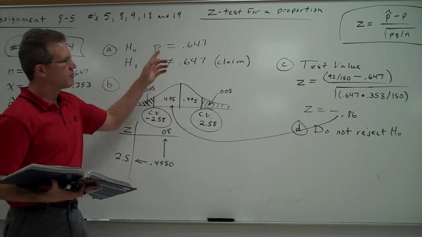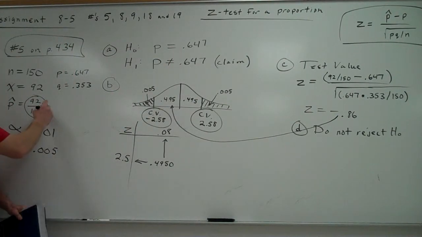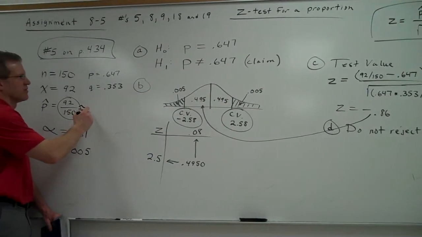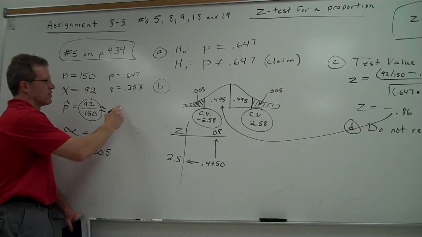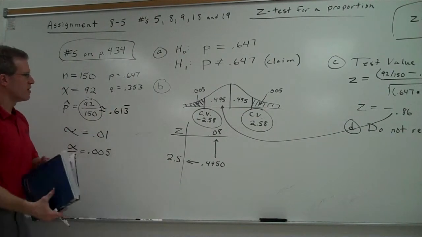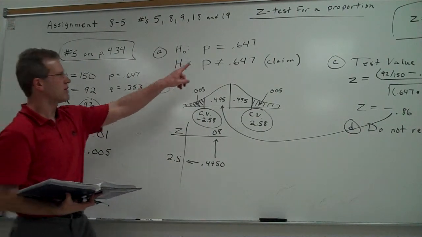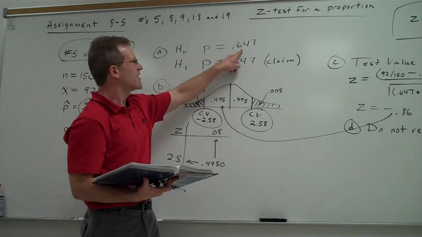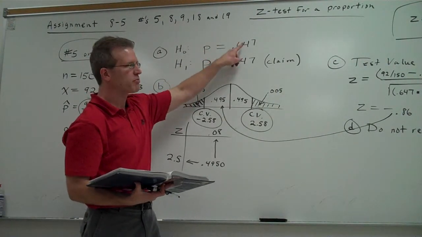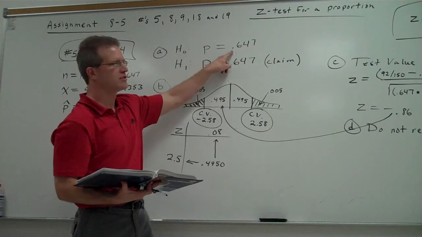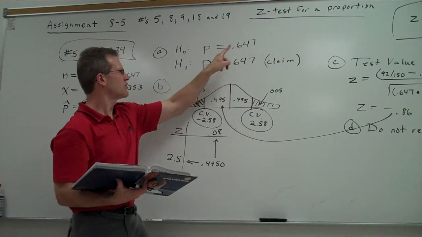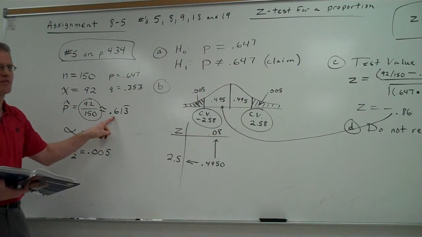What is 92 divided by 150, by the way? 0.613 repeating. So 0.613 is close enough to 0.647 that the population proportion very well could be 0.647. The difference between these is probably just due to sampling error.